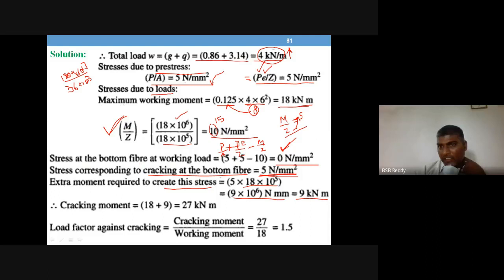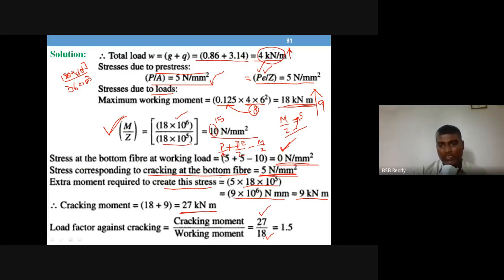18 is not sufficient to develop 5 stress at bottom. 18 kilonewton meter is developing 0 stress at bottom. So increase this moment by what value? Plus 9. If you increase it, 18 plus 9, then it is going to develop a stress of 5 Newton per mm square. So this is what is called the cracking moment. So cracking moment 27 divided by working moment. For the present load of 4, what is the moment? 18.